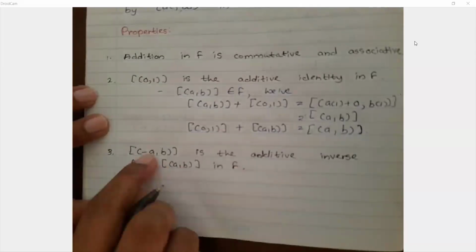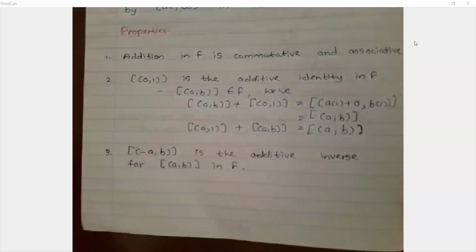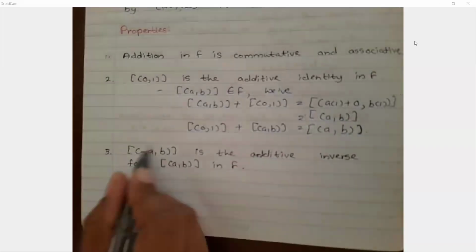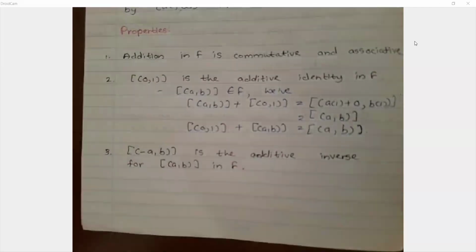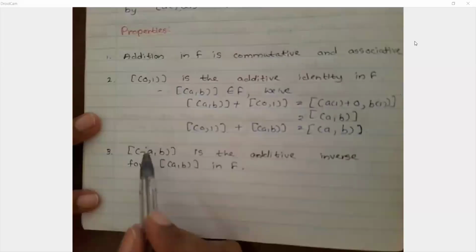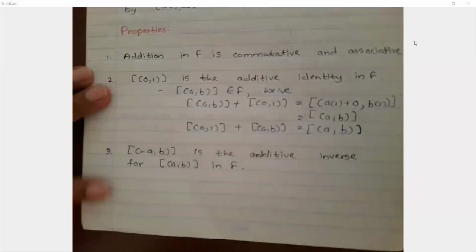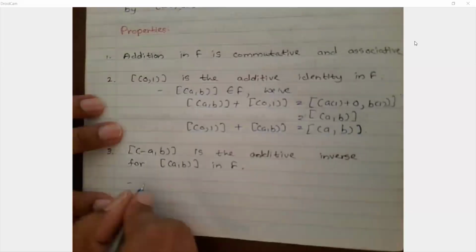Over here also, if A is an element in D, negative A is also there because D is an integral domain. Negative A is there, B is also there, B is non-zero. So this is an element in F. Not only that, we are saying that this is the additive inverse for (A, B). To see this, we are going to add these two.